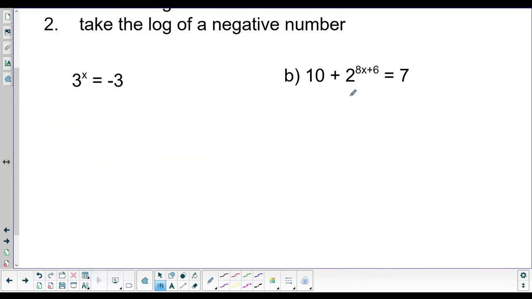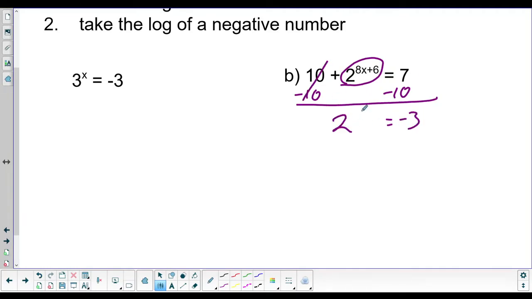All right, let's look at this one. If we're solving this, we need to isolate our base and our exponent. So we're going to subtract 10. 7 minus 10 is negative 3, 2 to the 8x plus 6. Rewrite this as a logarithm. We have log base 2 of negative 3 equals 8x plus 6.